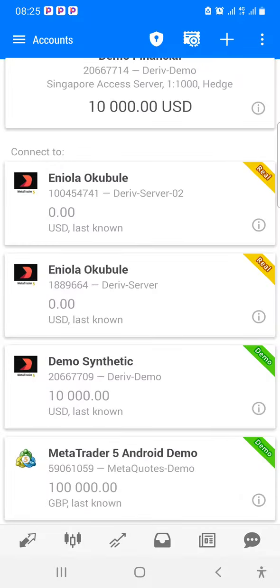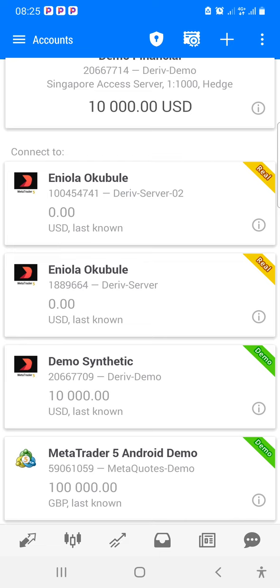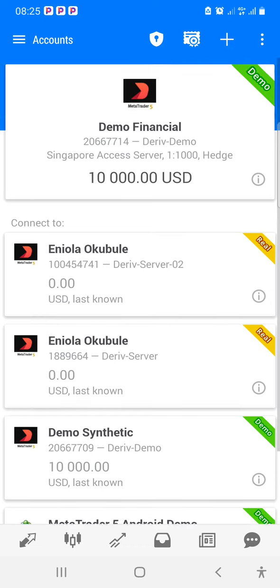This one is the real account for the Forex market, which, until you deposit, will still be showing 0 naira. Then the demo synthetic is the demo account for the synthetic indices, while the MetaTrader 5 demo is the one that the MetaTrader 5 trading software itself provides you. Of course, nobody should start trading with 100,000 US dollars. That's not reasonable. Until you master it, then you can decide to do whatever you like.